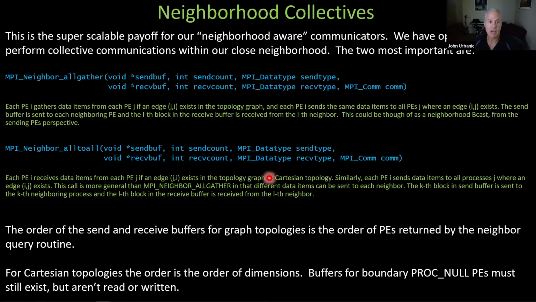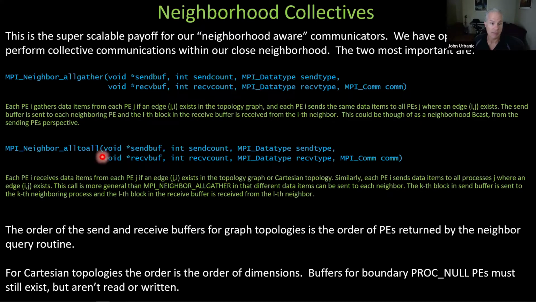You can instead reduce all of that to one single call, an all gather, which, if you step through and read very carefully how it's defined, at the end of the day acts like, hey, I'm going to broadcast to all my neighbors and they're going to broadcast to me, because it already knows that communicator, it knows who all your neighbors are. And so it knows to send the data to all of your neighbors, and it can collect the data from all of your neighbors. So this is the real huge win of going through the graph topology and setting it up: once you've done that, most of your communications with your nearest neighbors turns into a single call.